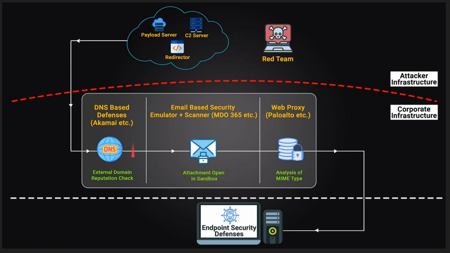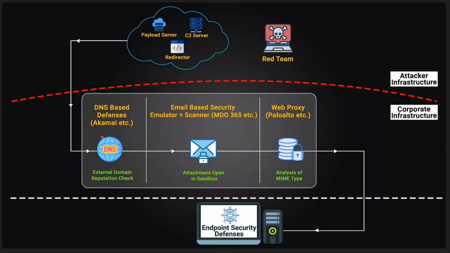So we have seen these DNS-based defenses, for example, there are various vendors out there. One of them is Akamai. So that is one of the controls that is there. So what is the purpose of this DNS-based defense? Its purpose is it will check the external domain reputation. Whatever website or domain the end user is accessing, it has to go through this whole channel, and it will verify the reputation of that.